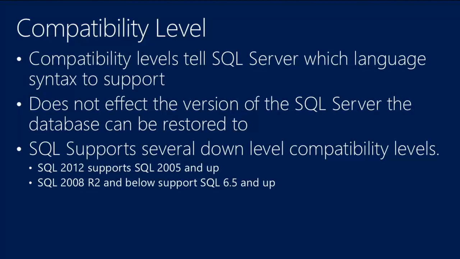I know myself and a bunch of other MVPs have implored Microsoft to not remove any other compatibility levels as they're moving things forward. The official SQL Server product team policy is they support 2 versions back, 2 major releases back. So theoretically, SQL Server 2014 would support SQL Server 2014's compatibility level, SQL Server 2012, 2008, and they would remove 2005. Hopefully that's not the case.